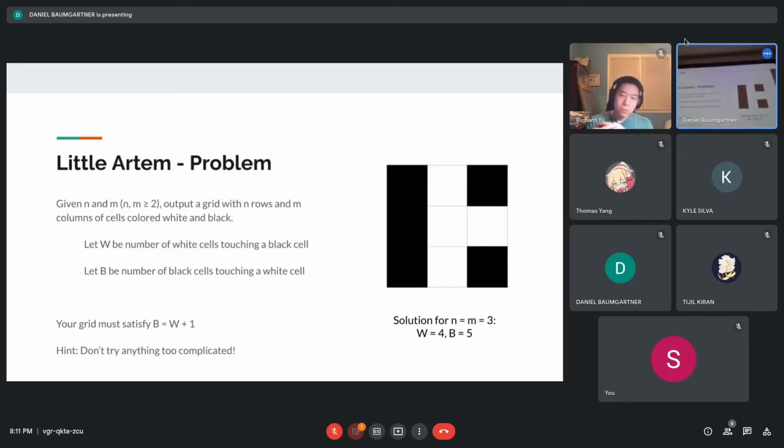There's an example, but the examples on constructive problems tend to be misleading because they don't want you to reverse engineer the convenient solution. And there are no restrictions on how many white or black cells you can put. You just want any grid that would satisfy that.